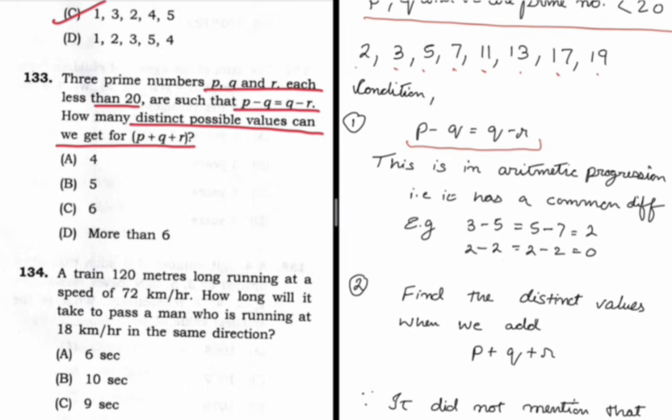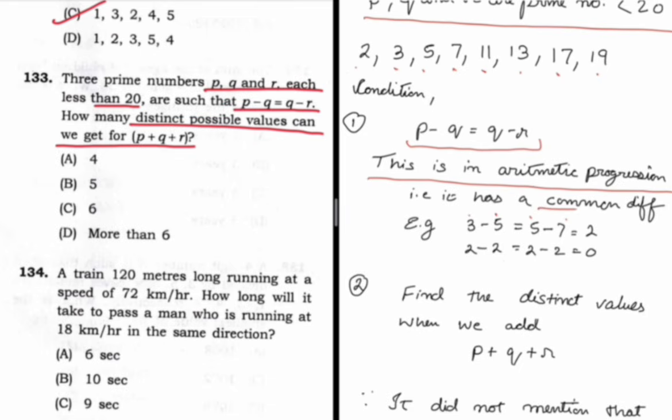From the question, the first condition given is P minus Q is equal to Q minus R. This means the numbers are in arithmetic progression, which means they have a common difference. If we take 3 values from the prime numbers we have listed, suppose 3, 5 and 7, and take the differences, we have the same difference, that is 2.